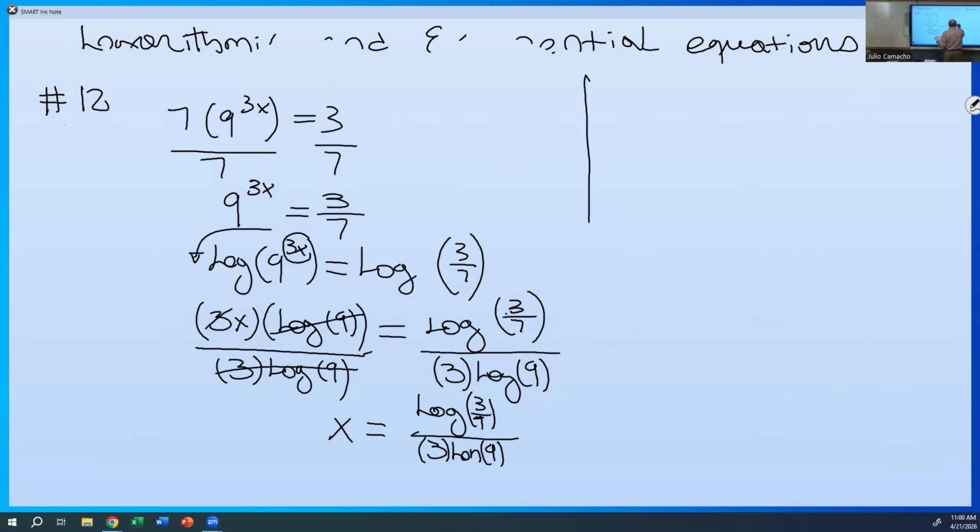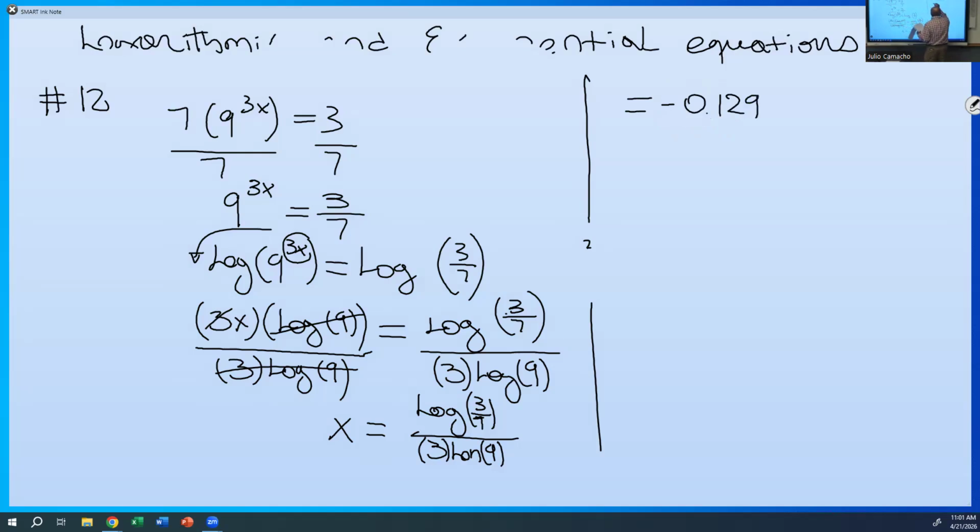We divide the board. You put this in your calculator: the log of 3 over 7 divided by 3 times the log of 9. The answer will be negative 0.129.